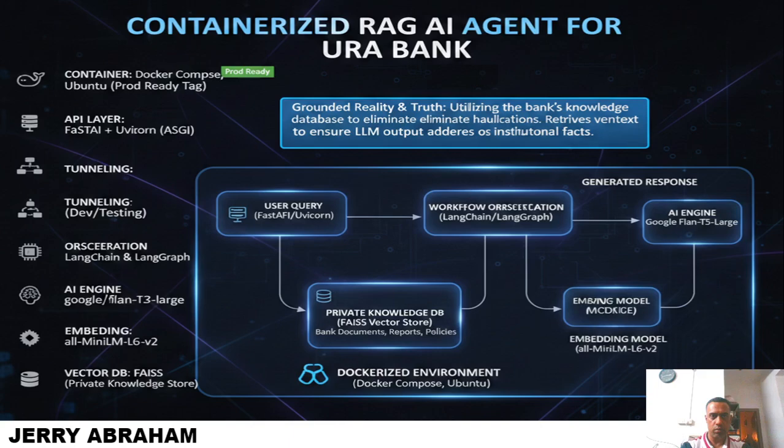So our containerized RAG AI agent for URA bank: grounded reality and truth, utilizing the bank's knowledge base to eliminate all hallucinations, get the context, the LLM, and all of that. We've used a whole bunch of stuff. We've done the development, testing, and we've also done it in the production environment. So there's a whole lot for some of you to learn.